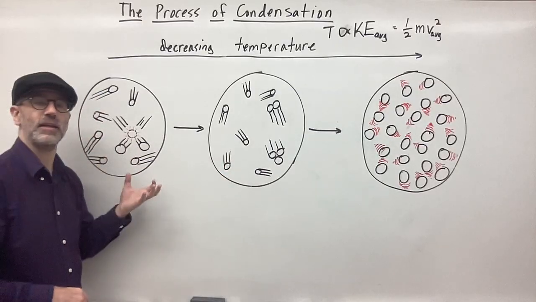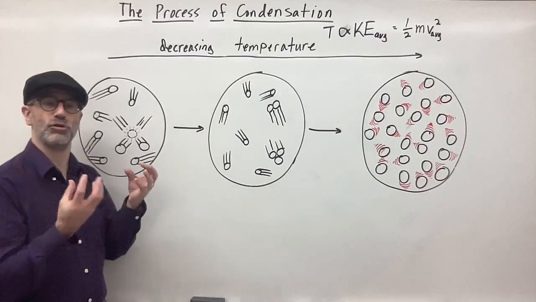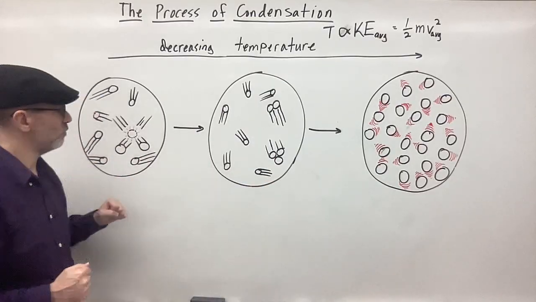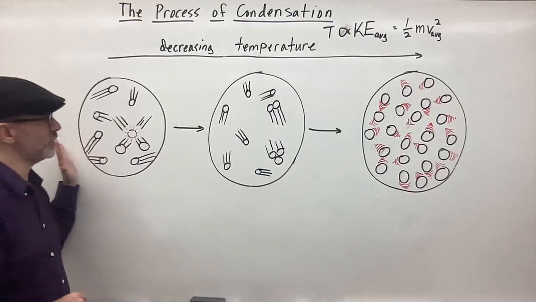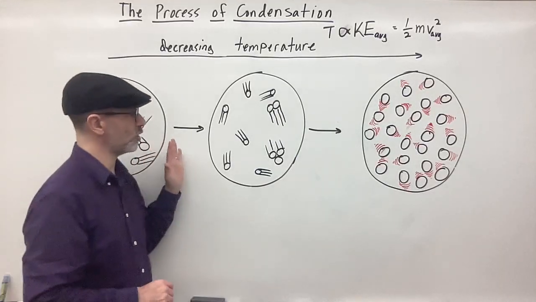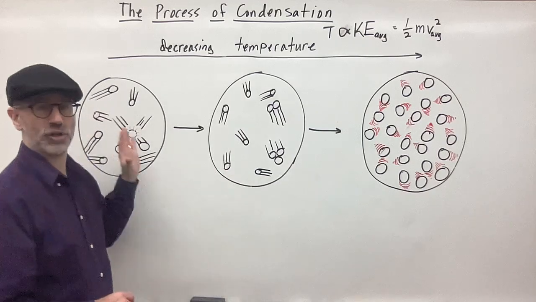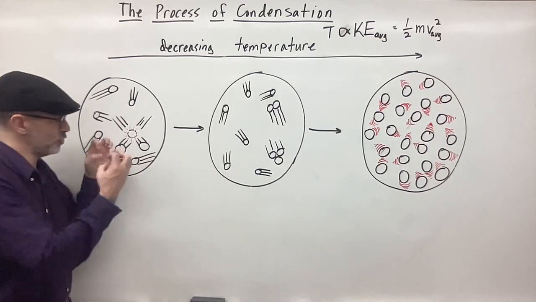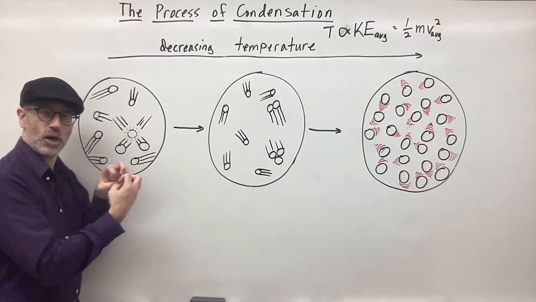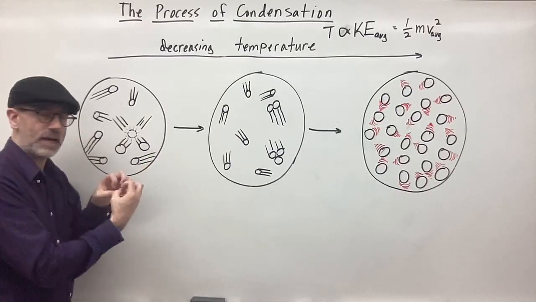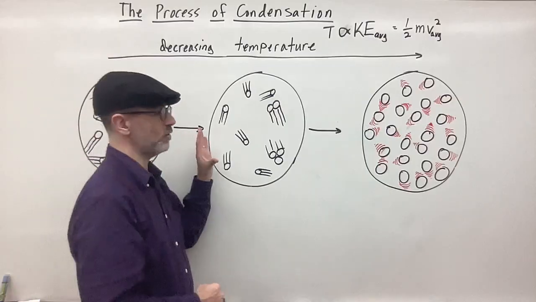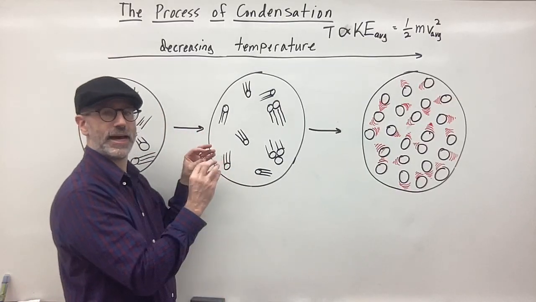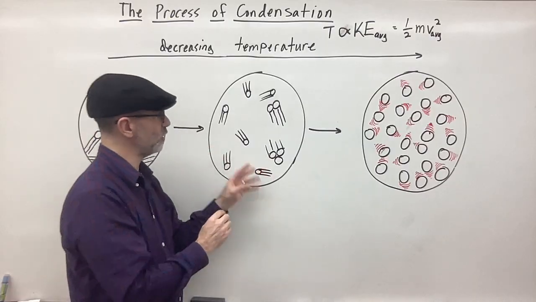But you're giving the attractive forces time to pull the particles together and form clumps, right? So as the temperature decreases, you're slowing down the particles. The particles are colliding with each other here, but the collisions are too strong to allow the interactions to do their work, right? To stick them together. As they slow down, now the intermolecular forces are able to attract and stick particles together.